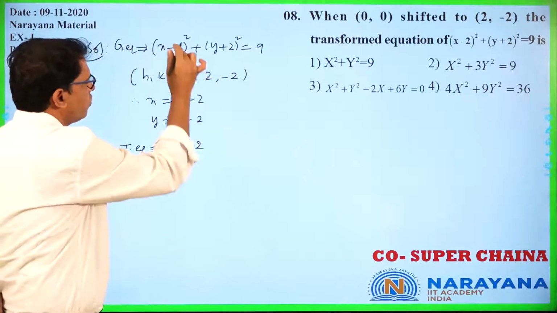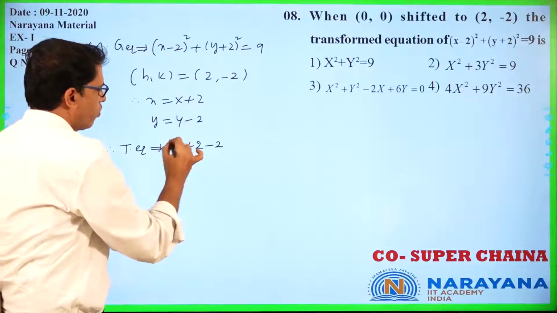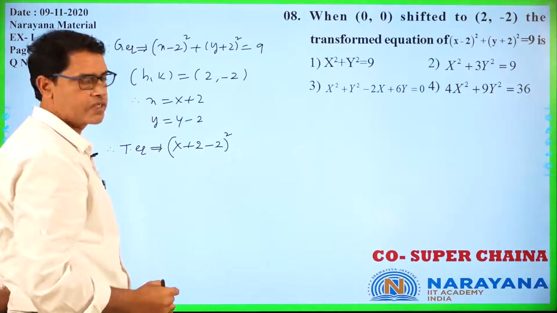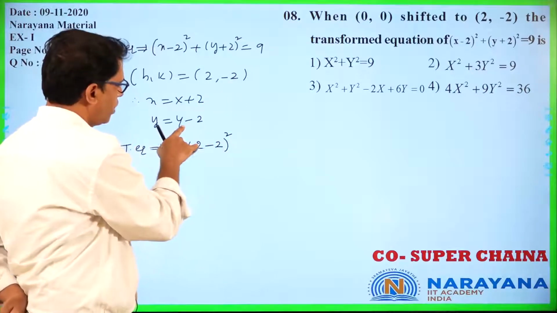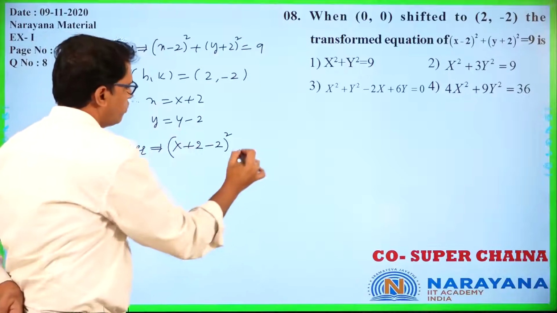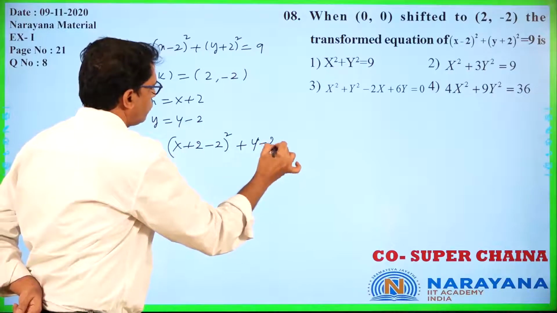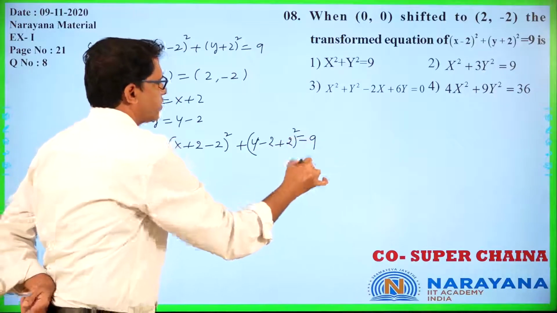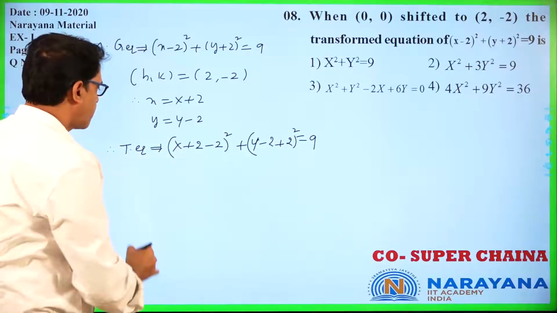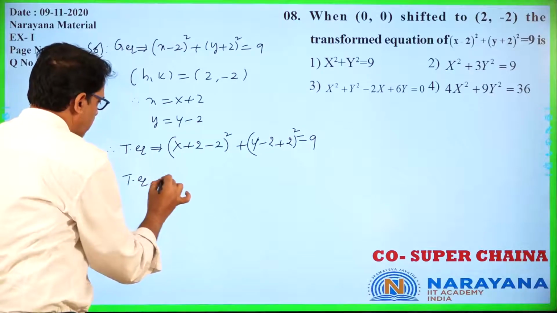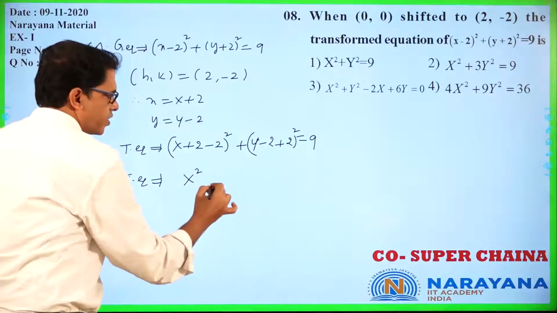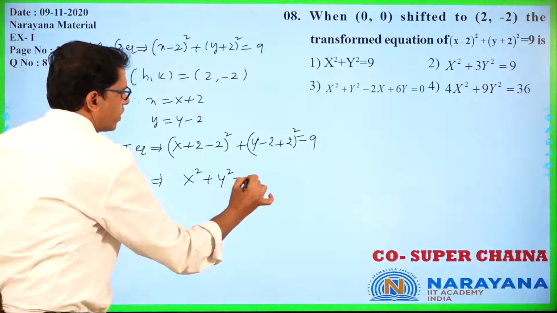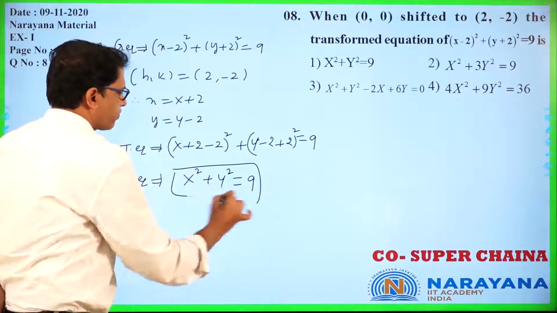So x plus 2, again minus 2 is there, whole square. Then in the place of y, y minus 2. So y minus 2 and this plus 2 is there, whole square equals to 9 as it is. Therefore, the transformed equation is x square plus y square equals to 9.